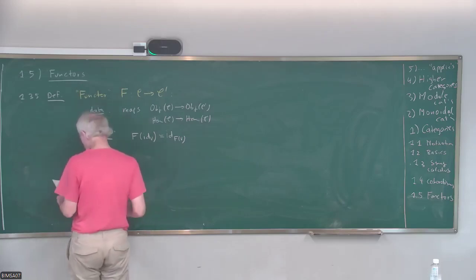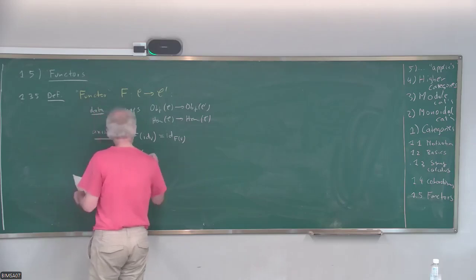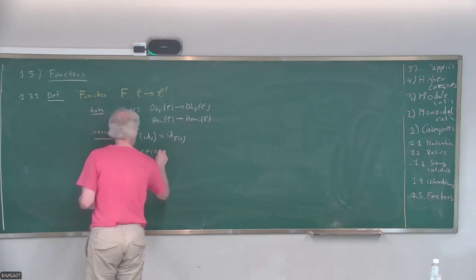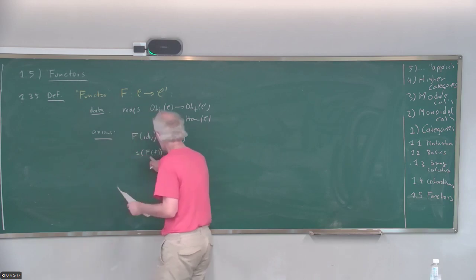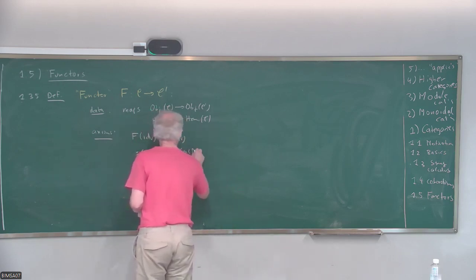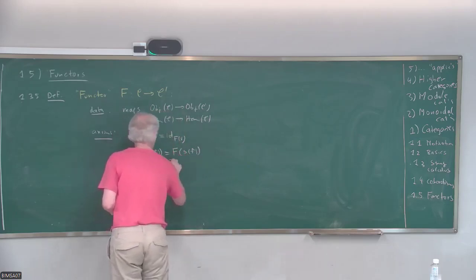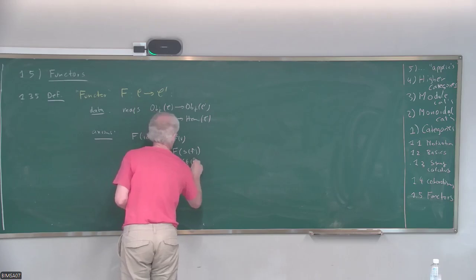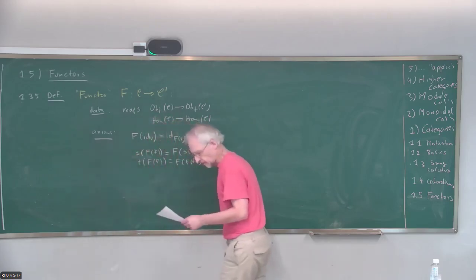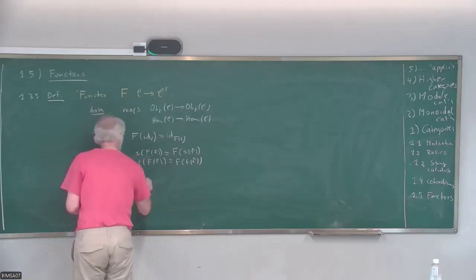I don't write this out. And then we have that we preserve suitably source and target. So the source of F of f is the same as F of the source of f, and the same with the target. And finally, compatibility with composition.